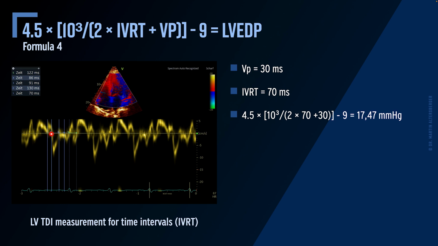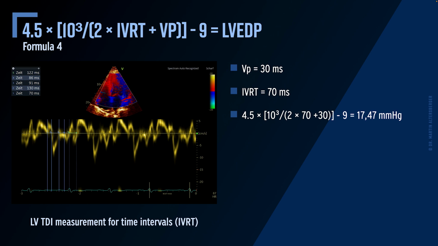Then we have the IVRT, and here we can calculate the first time interval. So before diastole, so the S prime and then the E prime, we have this time interval, and that's the IVRT, so the isovolumic relaxation time that we can measure. Then we have the E prime that is followed by diastasis, and then the A prime as well. And then we have the IVCT and then the S prime again. So here we have all the measurements and all the time intervals we can identify.